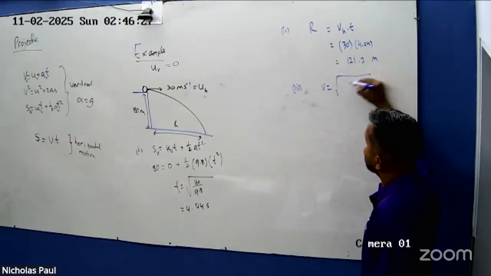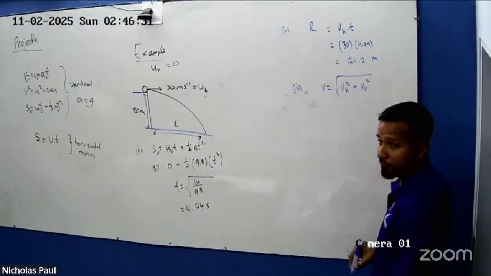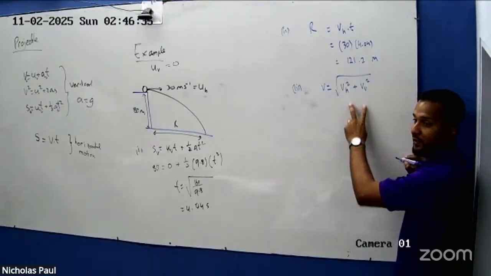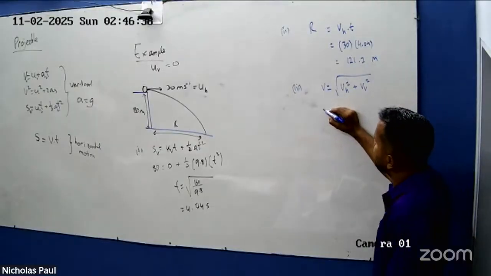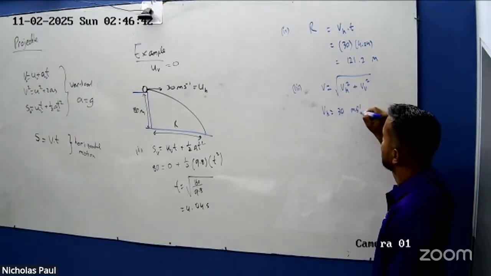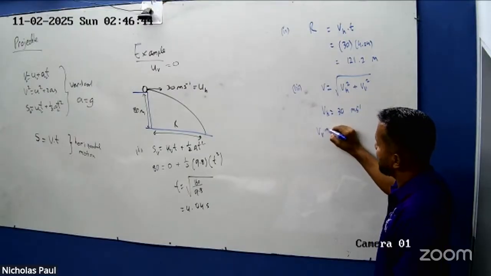And part 3, they want the velocity just before it hits. So we need to get the horizontal and the vertical. That's okay? We know that the horizontal velocity will stay 30, but we need to get the vertical velocity.